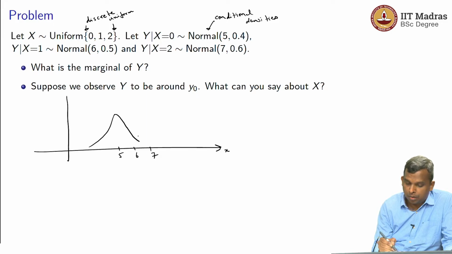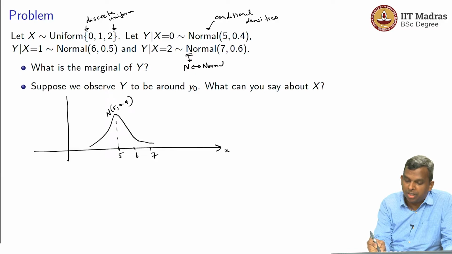I don't know if this is correct, but this is how it will look. This is normal with mean 5 and variance 0.4. This N is an abbreviation for normal. It's a very common abbreviation, and I'll also use it quite often. It's difficult to write normal all the time, so I'll just write N.